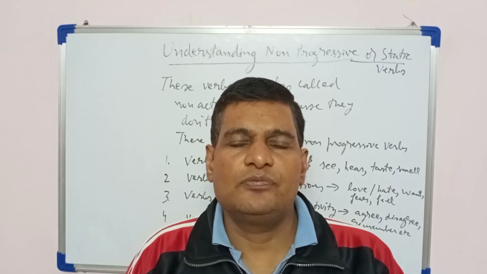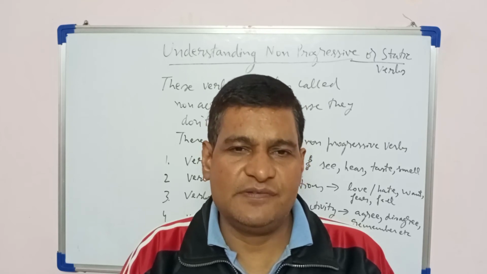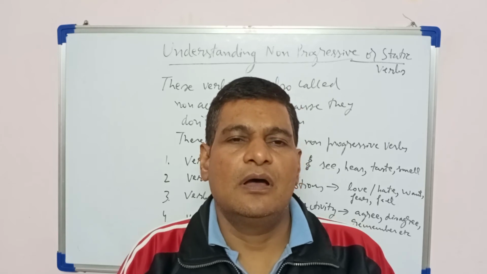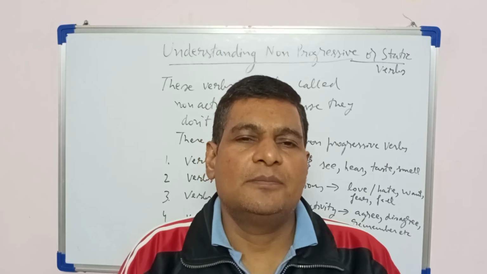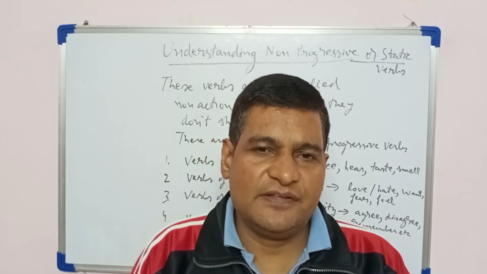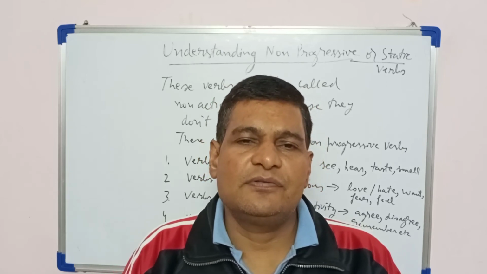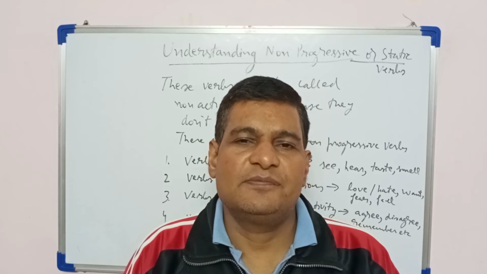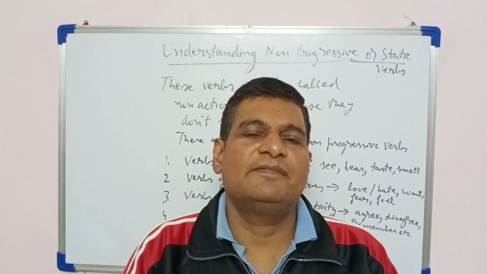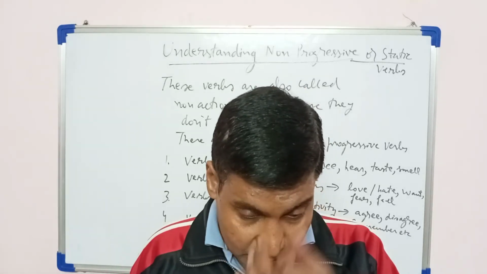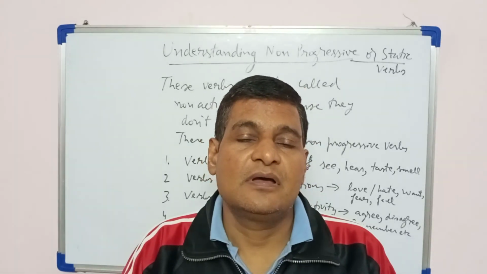From nose we smell, from eyes we see, from ears we hear, and from our tongue we taste something, and there is one more verb, that is touch. From our skin we feel the sensation of touching, so that is also a verb of sense.